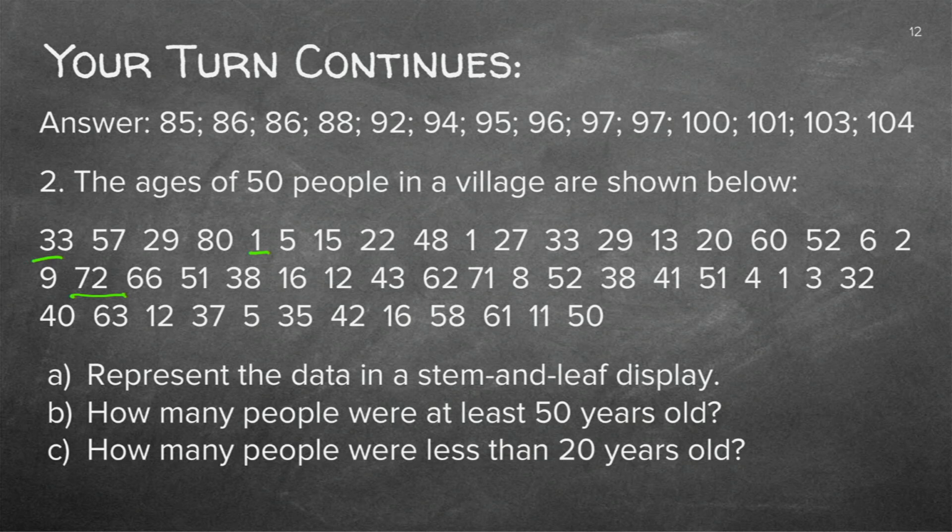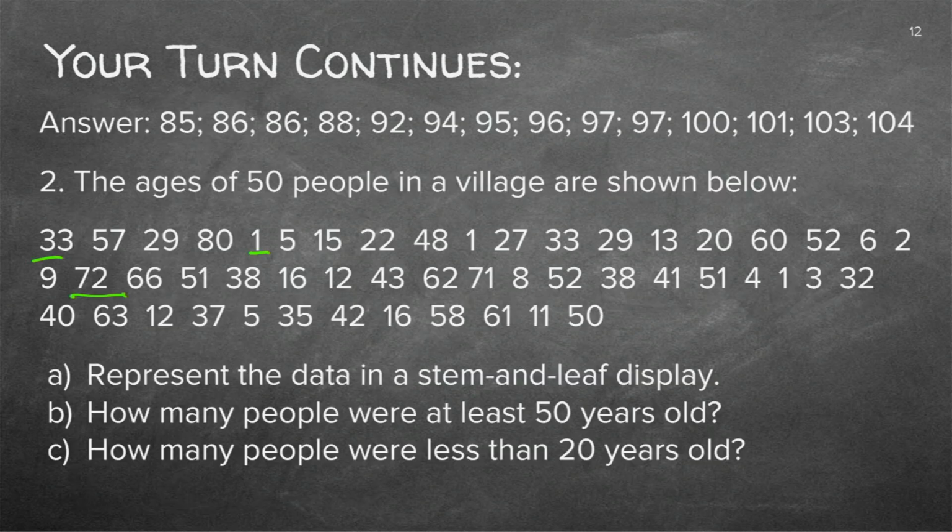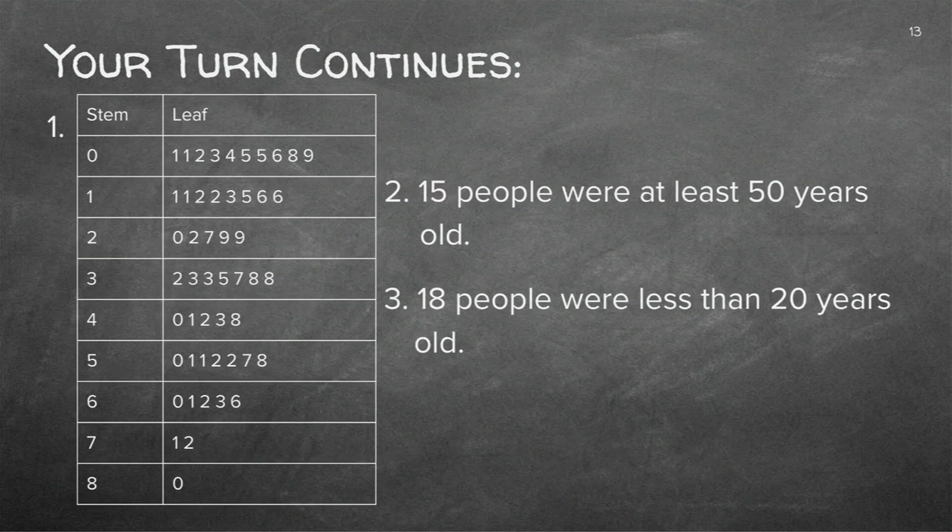Okay, now let's see. There's our stem and leaf. So remember, we've written it all down. Now I hope you've worked this one out, that if somebody is 1 year old, we make our stem 0 and the leaf is 1, right?